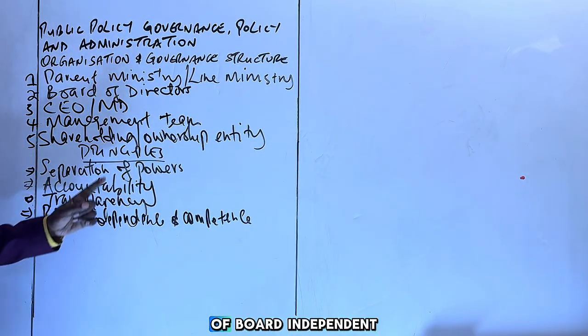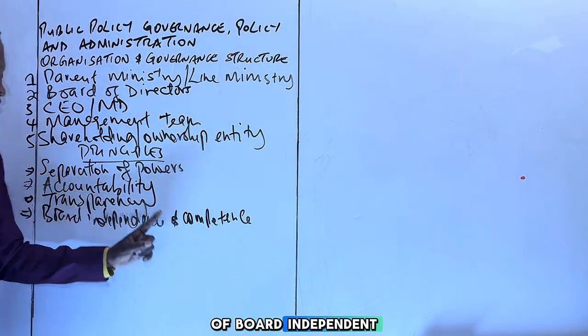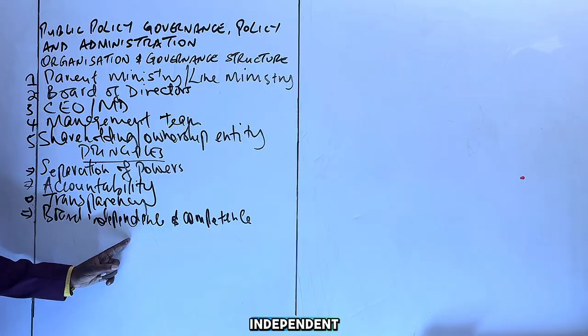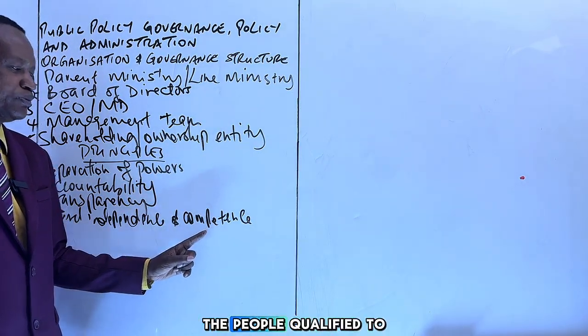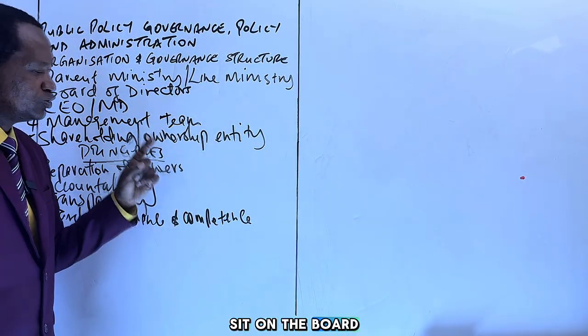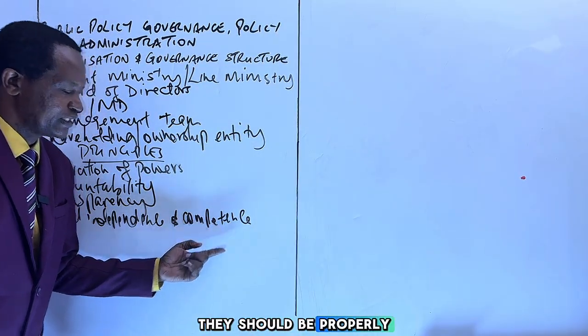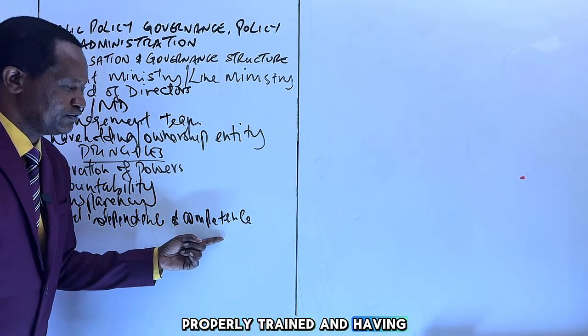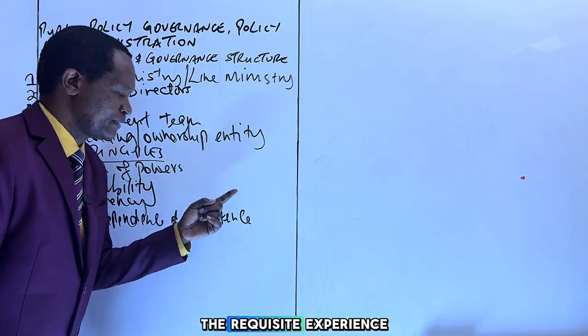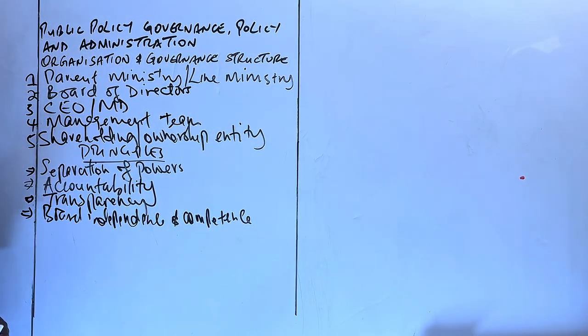That is the meaning of board independence. The board should be independent. The board should be competent. The people who qualify to sit on the board should be the ones sitting on the board. They should be properly skilled, properly trained, and having the requisite experience.